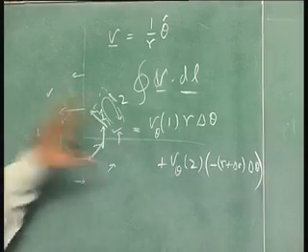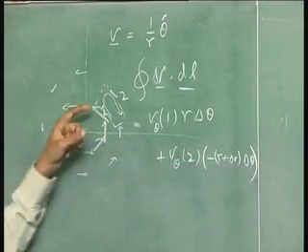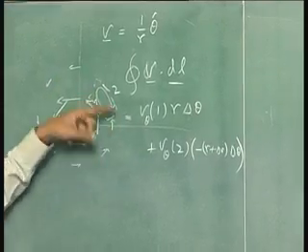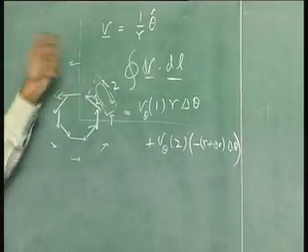That is just the definition. The sign comes from the fact that V is always pointing this way, but dl is pointing the opposite way.